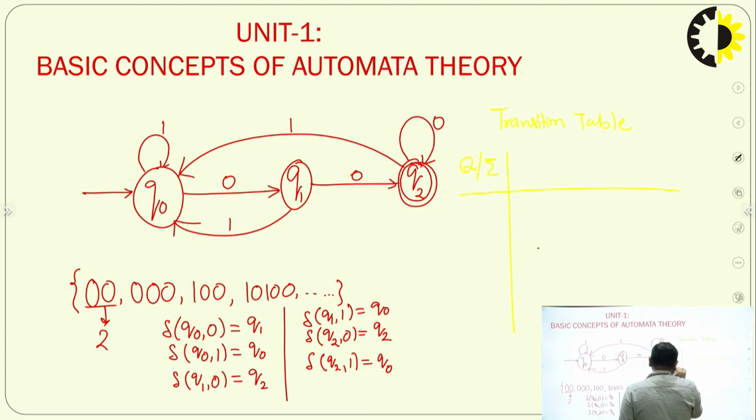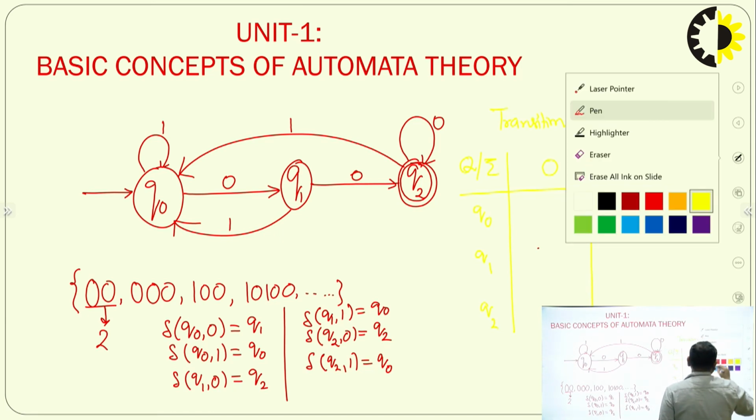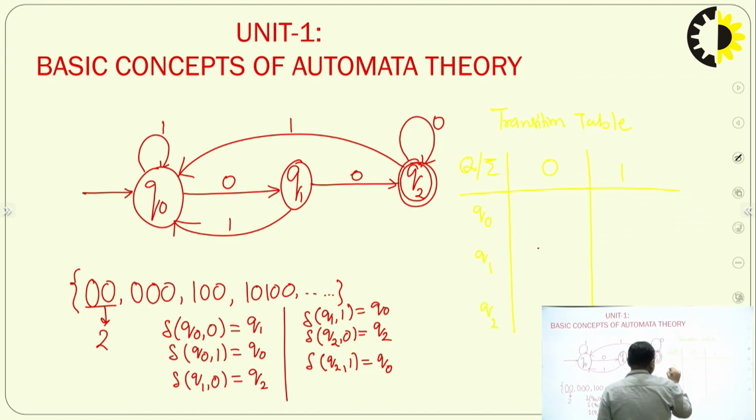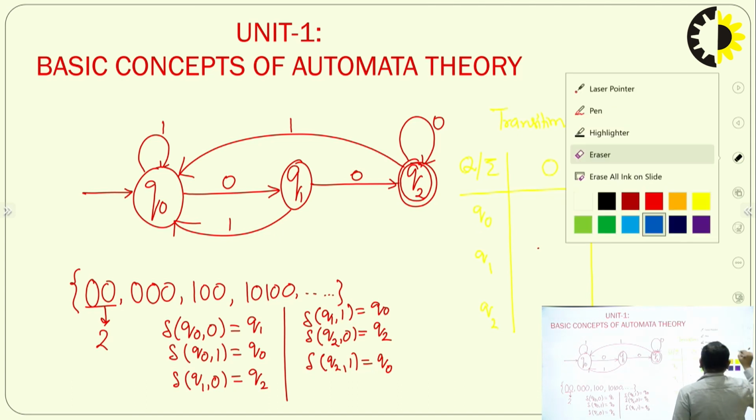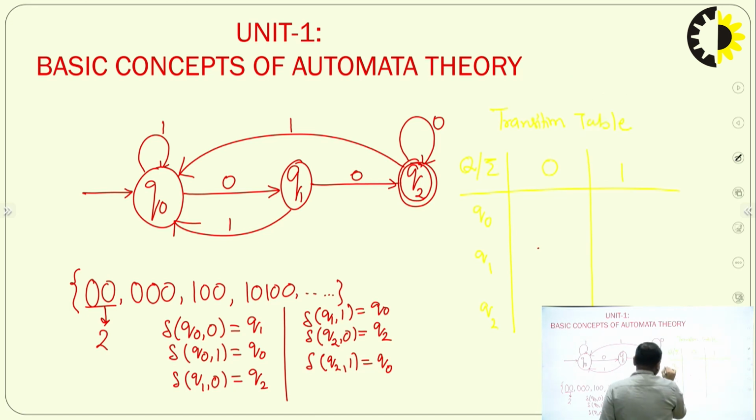How many states do we have? That is 3 states, Q0, Q1, Q2. And what are the input symbols? Input symbols are 0 and 1. Sorry, this is the initial state. For the initial state in the transition table, we have to use the incoming arrow, right? And for the final state in the transition table, we have to use the star.